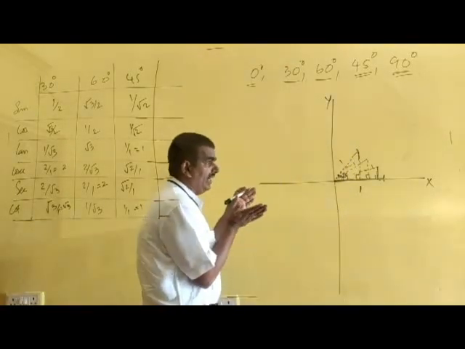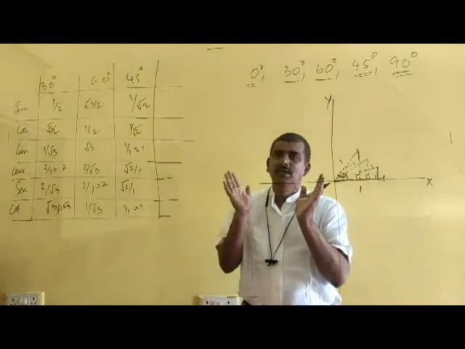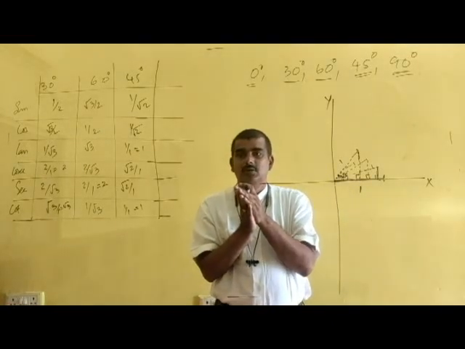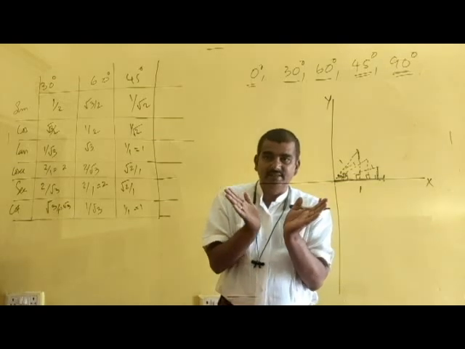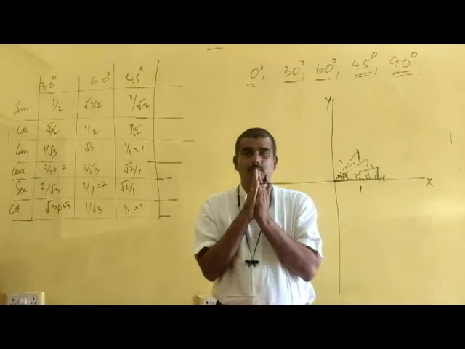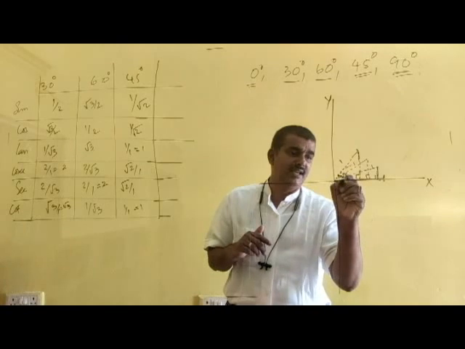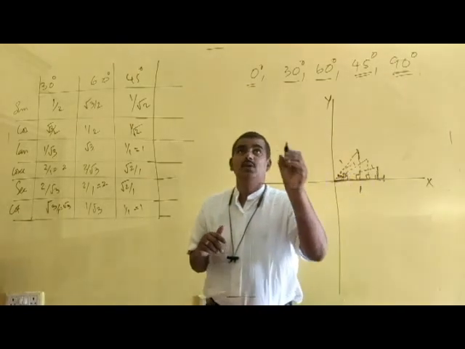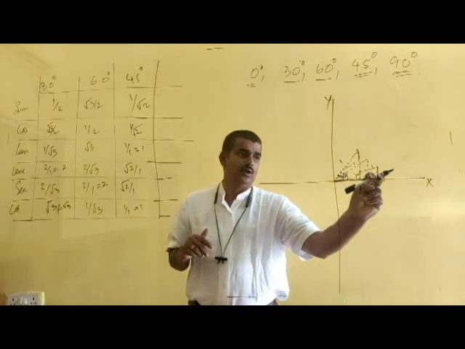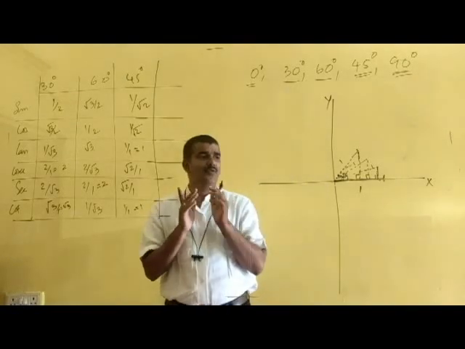If theta is almost 0, then the opposite side also will be almost 0, and the adjacent side will be quite equal to the hypotenuse. So if theta is equal to 0, the opposite side is also 0 and the hypotenuse will be 1 only.